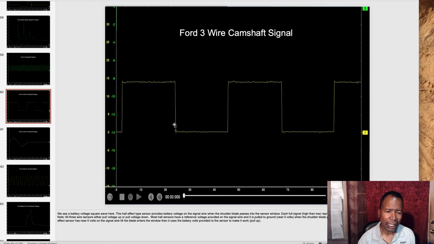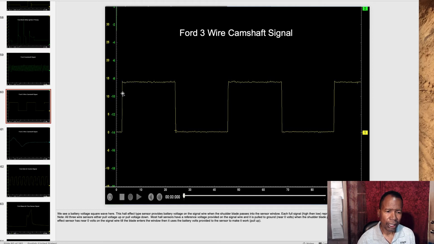So high to low is 1 revolution of the camshaft. Then it repeats itself. Again, this is a normal pull-up signal, a Hall effect signal, digital signal, I should say, for the camshaft. So this is a 3-wire camshaft signal, digital.